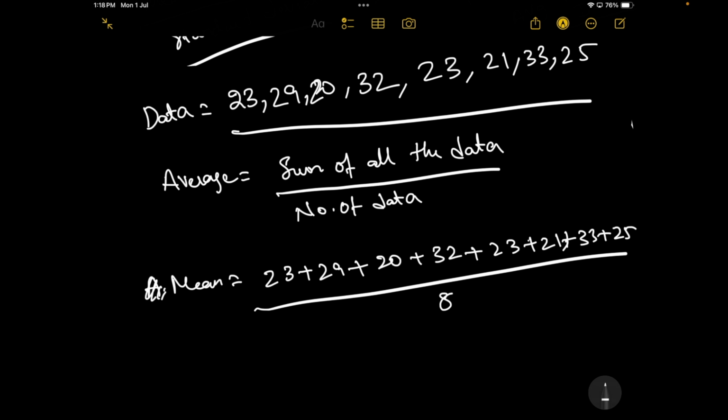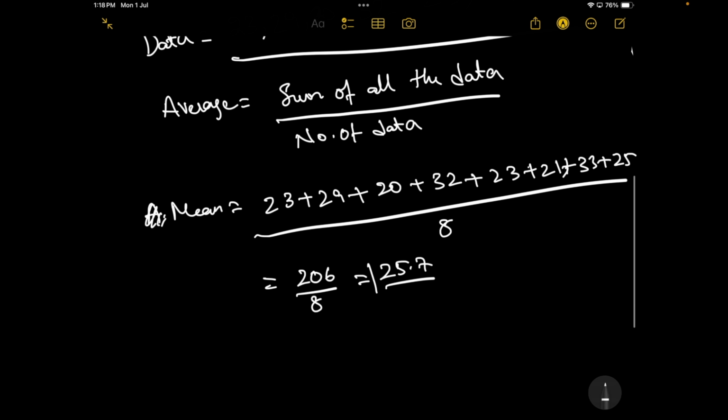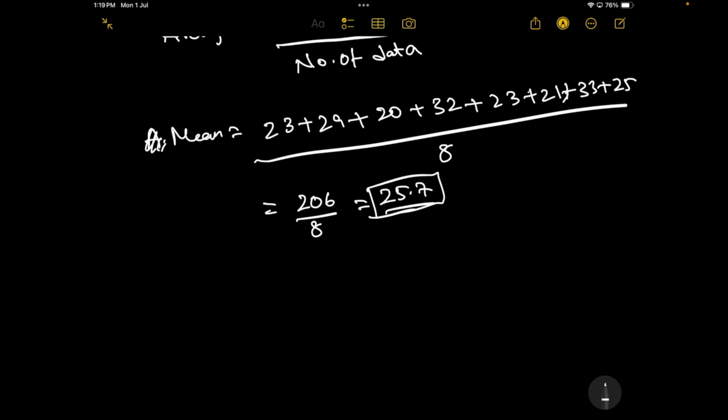Just a minute, roughly 206. So 206 divided by 8 is exactly 25.7. This is the central tendency from the mean perspective. And coming to the median.